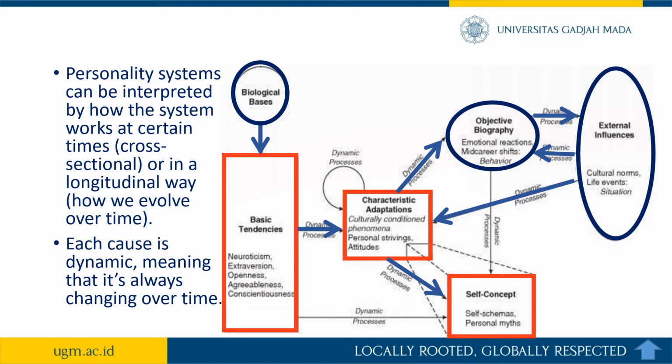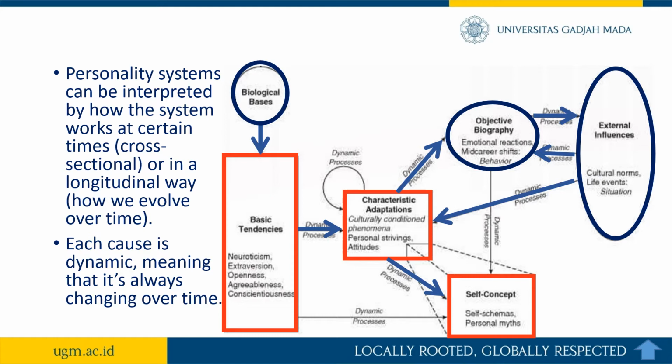Also McCrae and Costa suggest that personality systems can be interpreted by how the system works at a certain time, for example, how the system works at this current time. So our personality at this current time is being developed in a certain way, or in a longitudinal way, how we evolve over time.